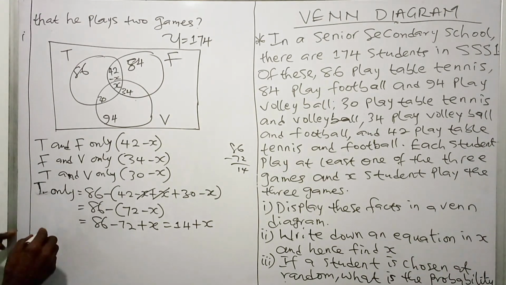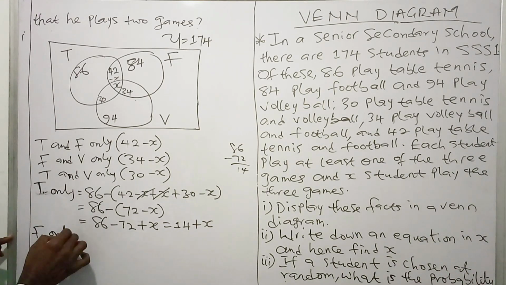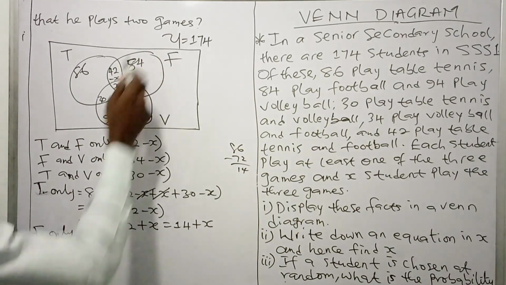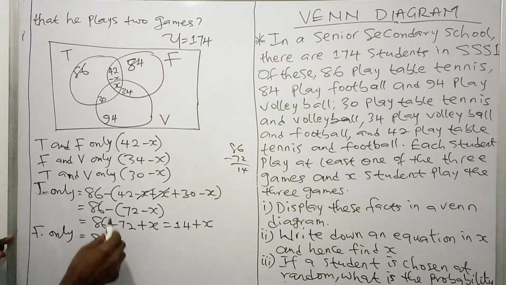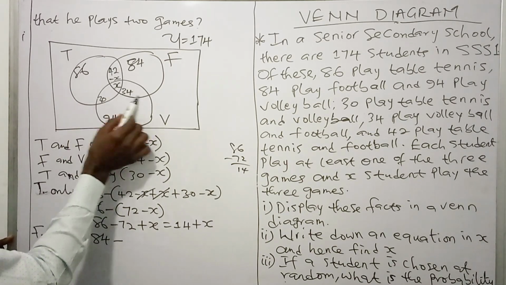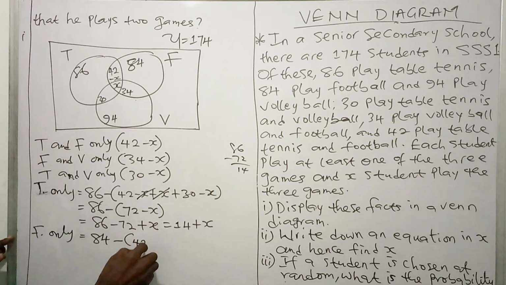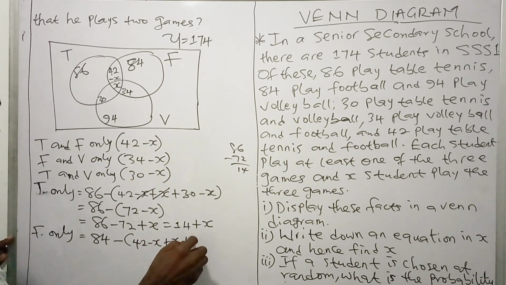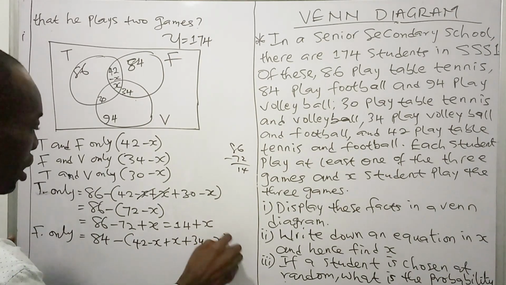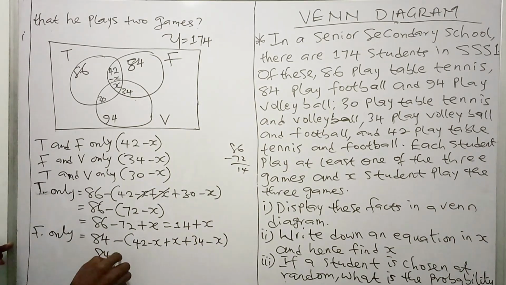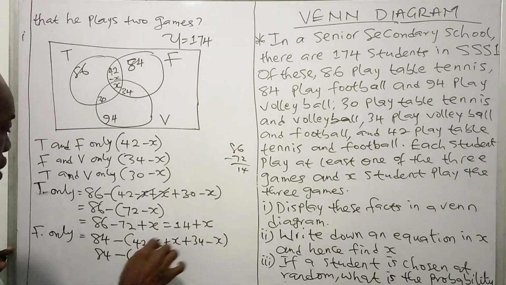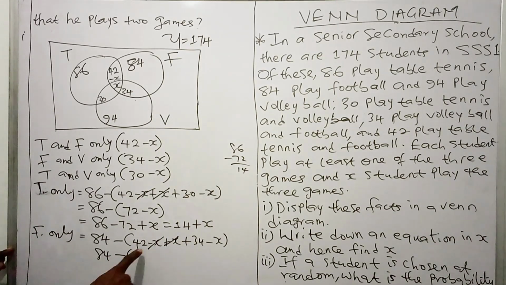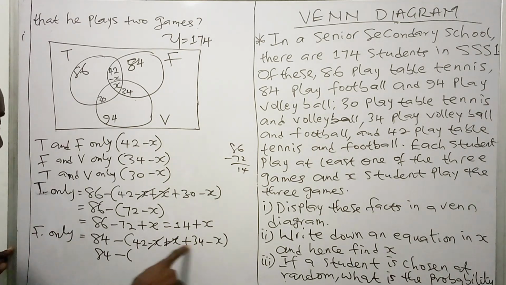Now we'll do the same for football only. For football only, it's going to be 84 minus all of this, and that'll be 42 minus X plus 34 minus X. Again, this will give us 84 minus, in bracket, these two will cancel out as 0. 42 plus 34 should give us 76 minus X. And we'll simplify that.